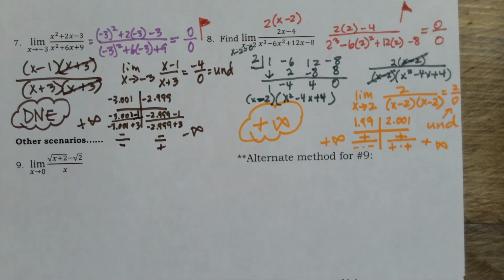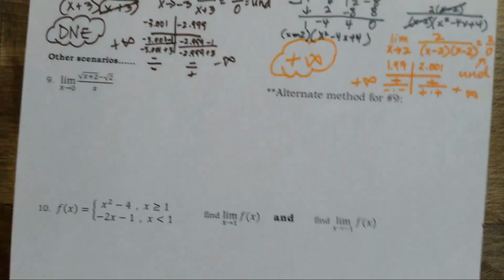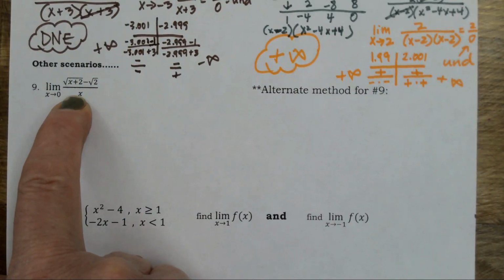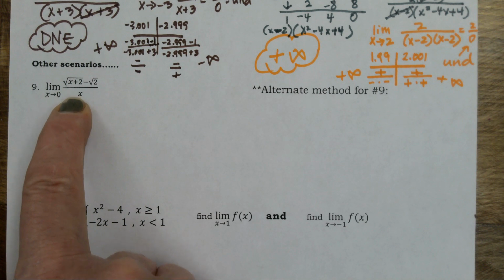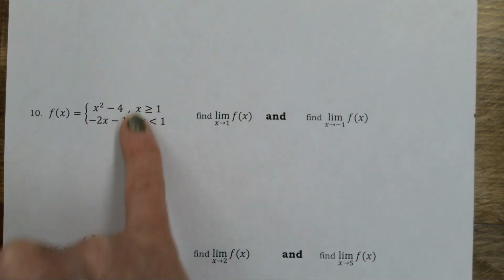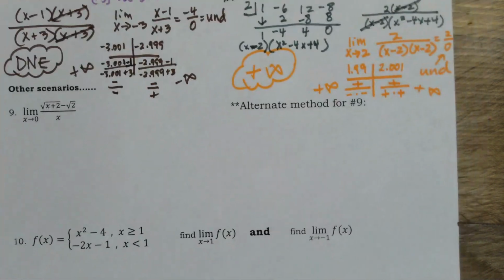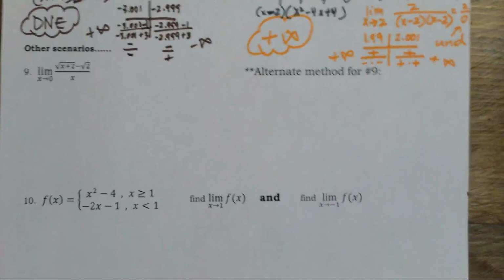All right. The last ones that are left are unfactorable and piecewise. Okay? So let's start with unfactorable.